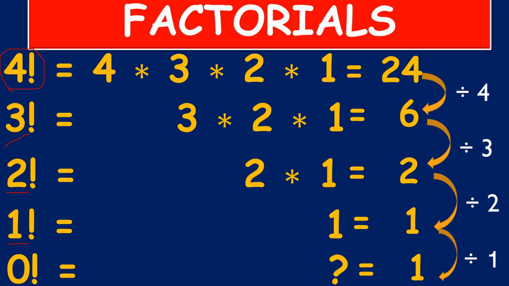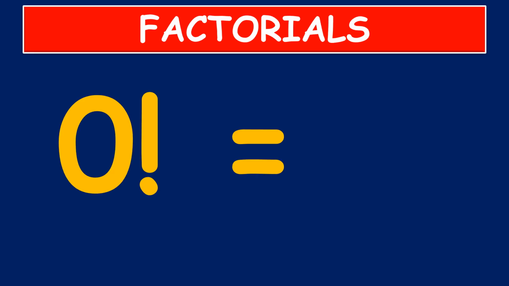Therefore, it is clear from the patterns in these factorials that 0 factorial is equal to 1. So we have established from the patterns in method 1 that 0 factorial is equal to 1.